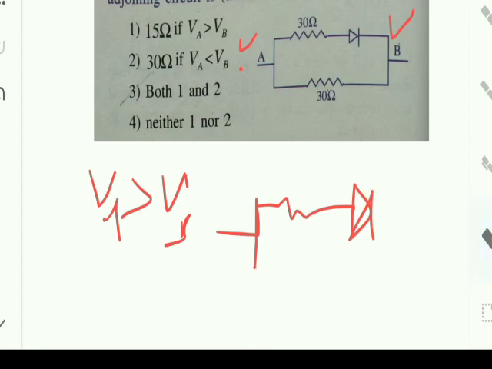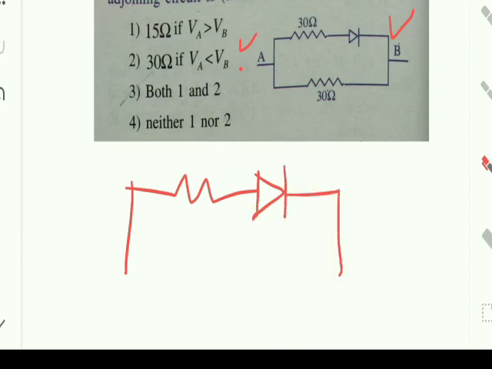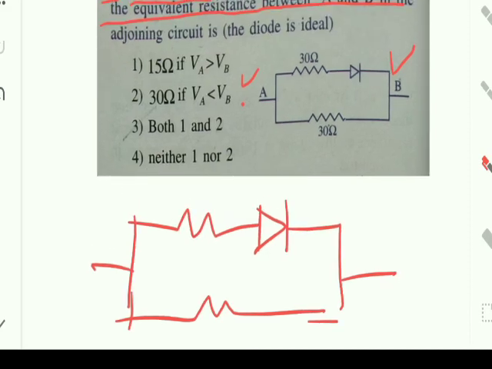So VA greater than VB, from this circuit. This is the circuit: it has a resistance, the diode, and also a resistance. Now go through the first option.